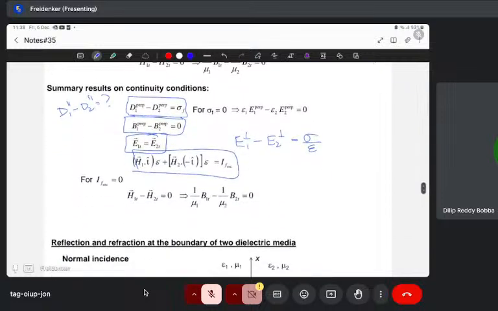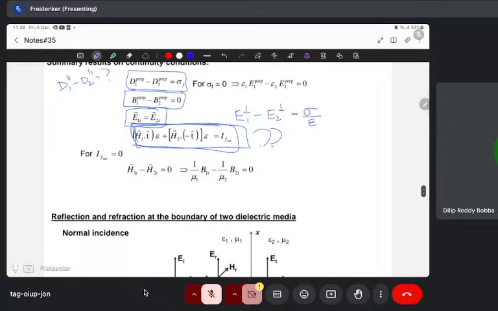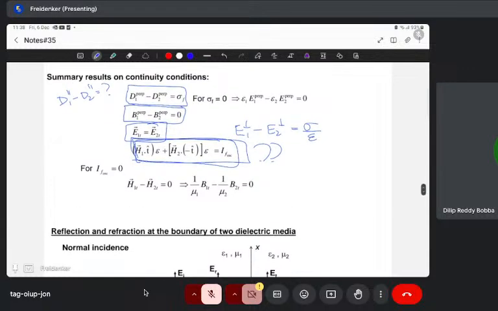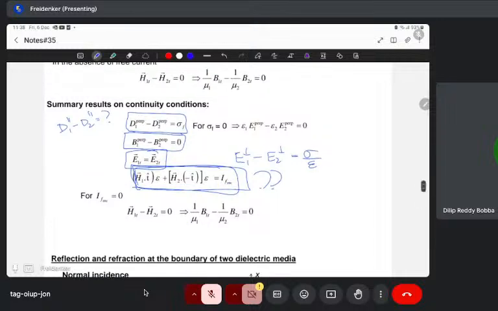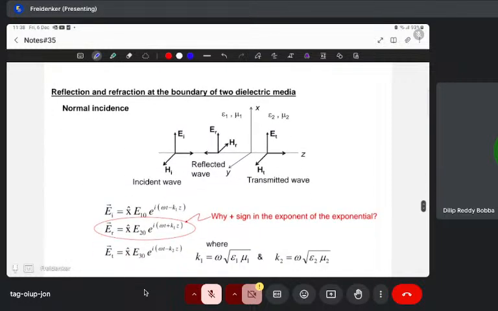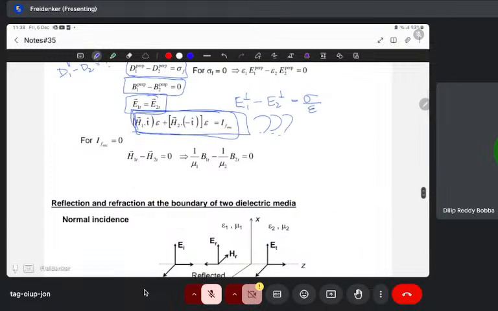Just look into this. What does this mean? I have to see later. I'm looking at this equation for the first time. But one thing you can see, if I is zero, then it's just simple. It's discontinuous, like how if sigma free is zero, it is continuous. That part is fine. We'll look into this later.